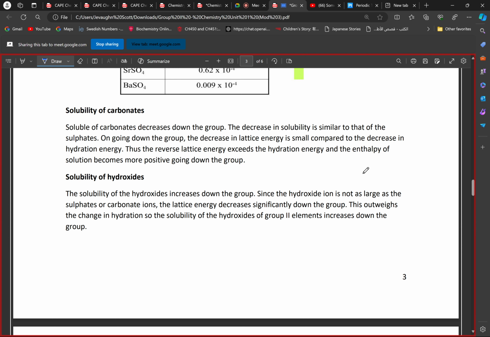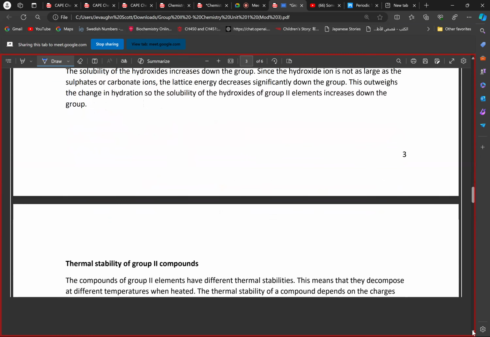So if you look at it, the larger the anion, the more likely the thing is to be insoluble, right? Because the small cation and a large anion, the small cation can actually polarize the orbitals existing around the large anions. Hopefully that's expressed here.